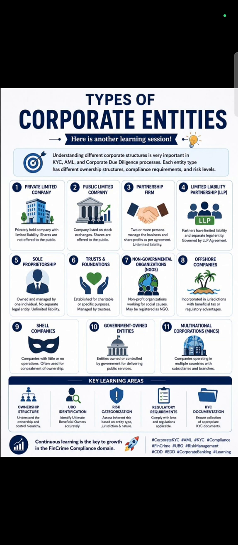For assessing the risk, we need to collect documents, we need to verify all the documents with the valid source document, and after that we can identify or assess the risk related to that client. So assess inherent risk based on the entities and jurisdiction and nature of the business, and we need to follow the regulatory requirement.